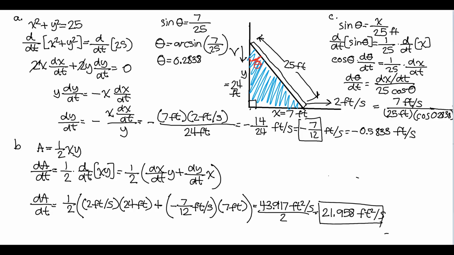Or what you could have done, which is even better, rather than finding the actual angle, because I just realized something, a revelation has come to me: you could use the properties of the triangle. If you didn't have a calculator, how would you find the cosine of theta?